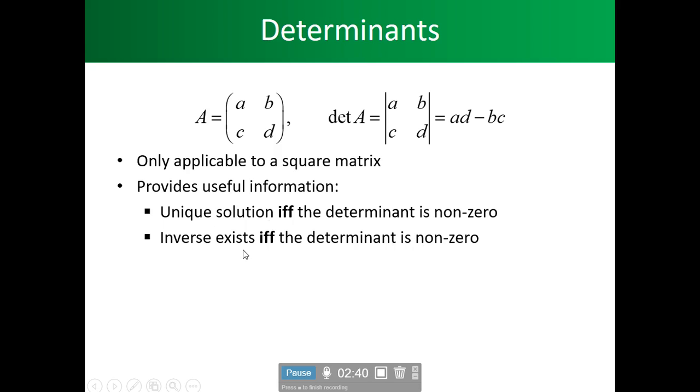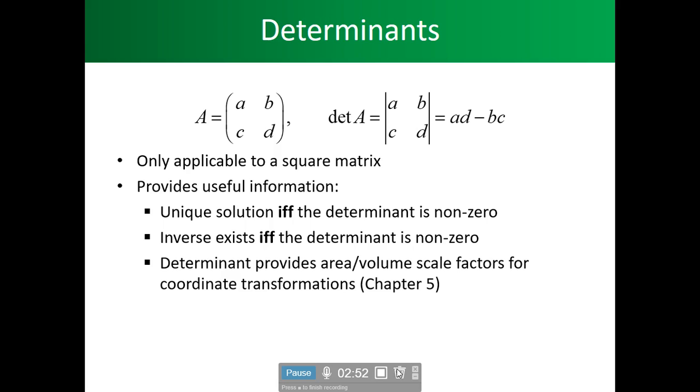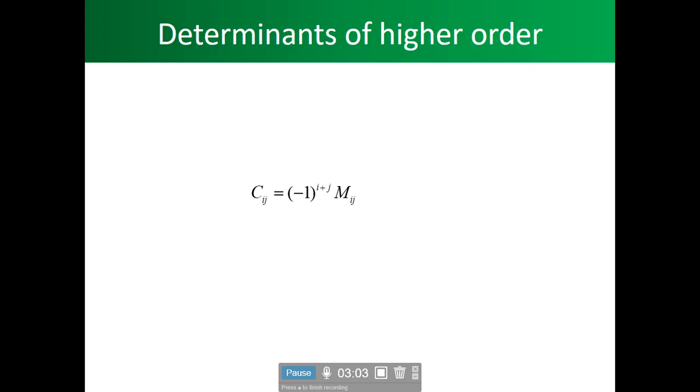The inverse is going to have a denominator of the determinant, so if the determinant is 0, then that goes to infinity, so it's not useful. Determinants provide area and volume scale factors for coordinate transformations, and we'll deal with that in chapter 5.